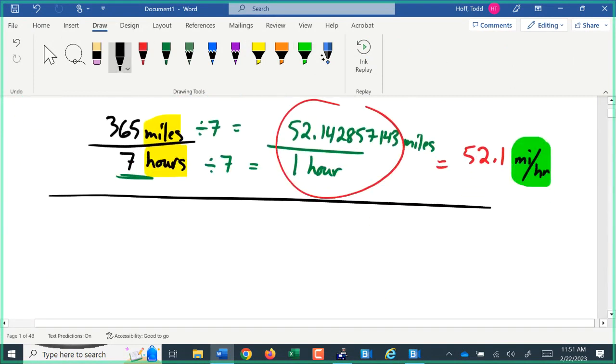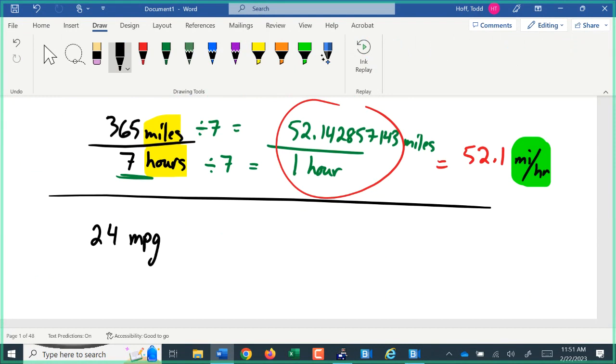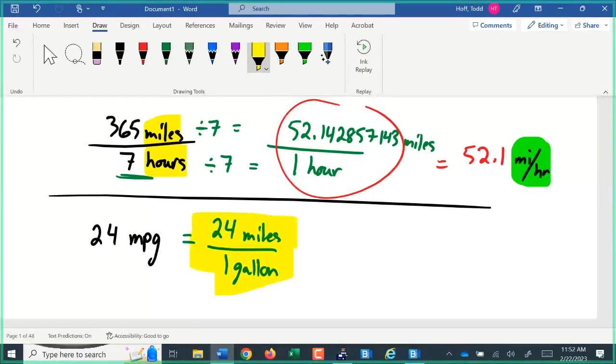Let's say that on this trip, we get 24 mpg. Well, mpg stands for miles per gallon. So when we see 24 mpg, we need to think 24 miles per 1 gallon, because that is the form we need it in so that we can calculate with it later when we start looking at proportions.